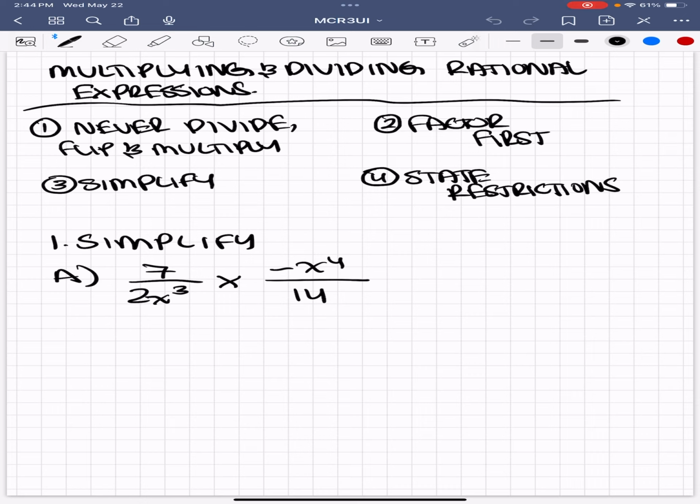Okay, so first steps first, never divide, flip and multiply. Factor first, and simplify and state restrictions.